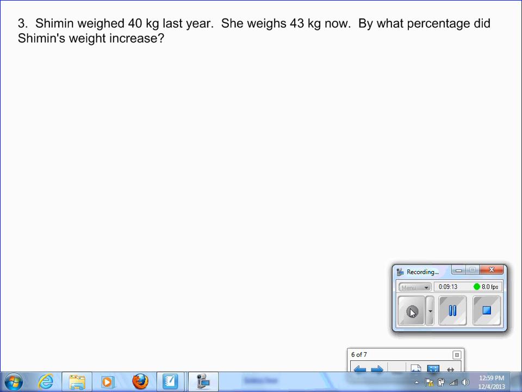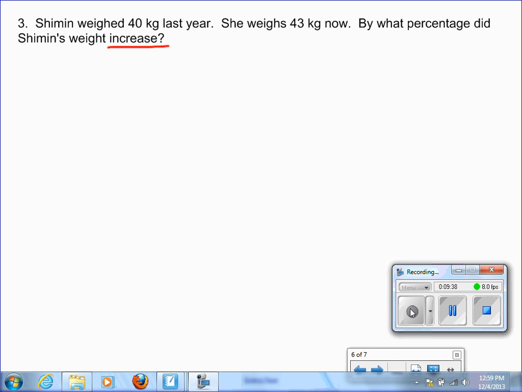Shimon weighed 40 kilograms last year. She weighs 43 kilograms now. By what percentage did Shimon's weight increase? So we're looking for an increase, and we have no framework like we did last time. But this problem is just like example 2. So what do you think we have to find first? Marissa.